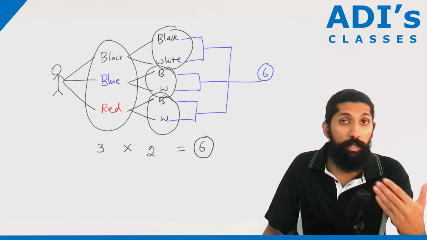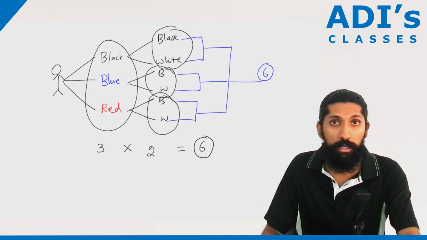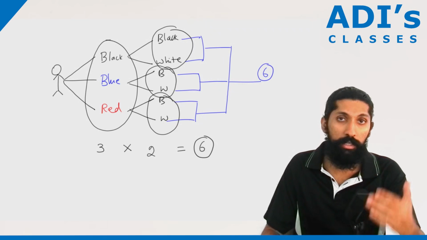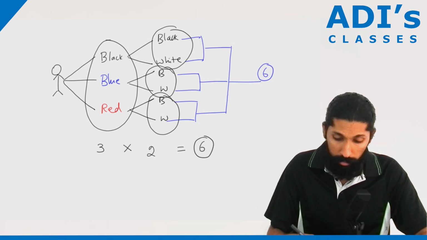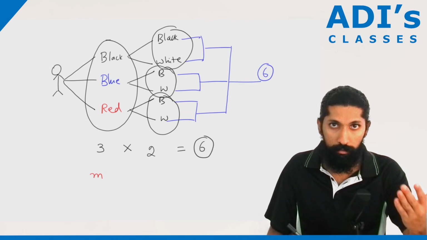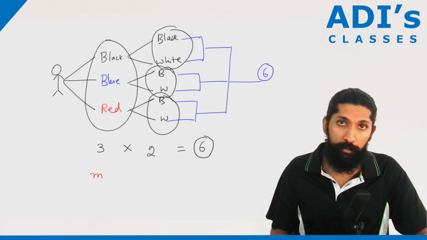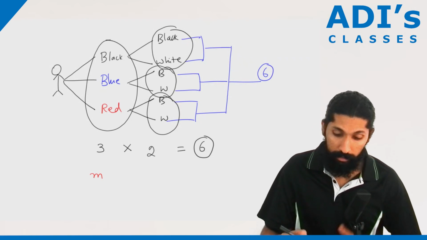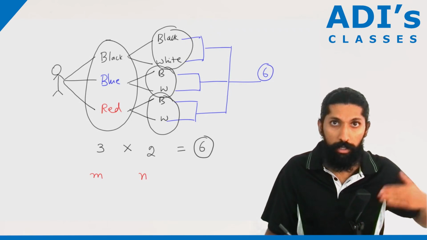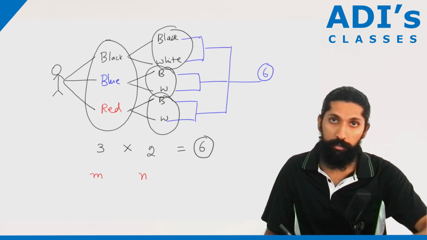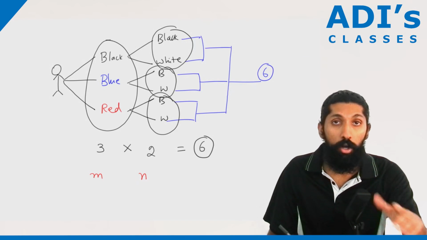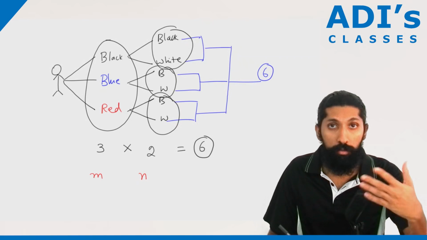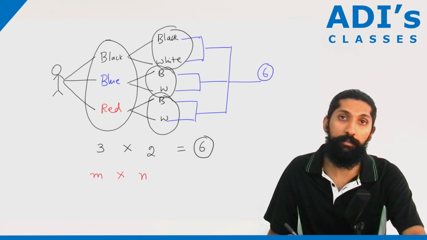Now suppose, instead of three shirts and two overcoats, let's try to generalize this. Suppose you have m number of things followed by n number of things, like a shirt followed by an overcoat. Then the total number of ways you can count that is basically m into n.